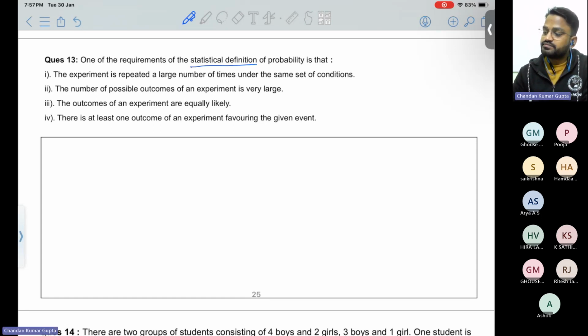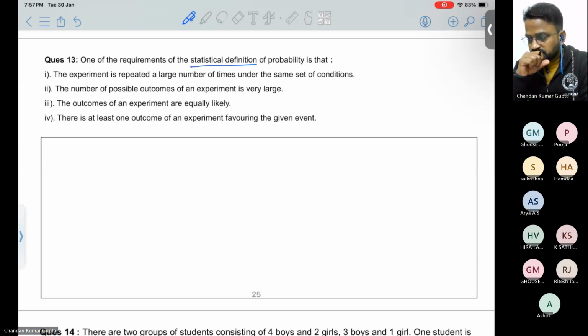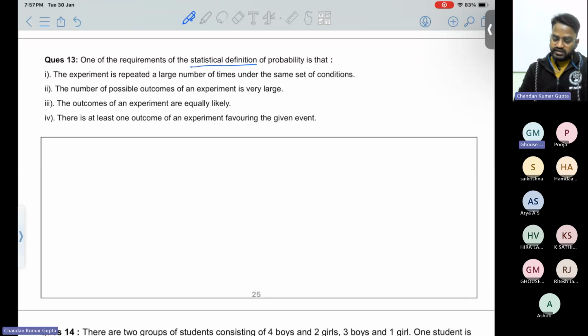Can anyone tell me which one is correct and why? Actually, you may see that there is at least one outcome of an experiment favoring the given event. No, this is not the case. We have studied the statistical definition, and we are not talking about this assumption or this property. Again, the outcomes of an experiment are equally likely. No, this is the case for the classical definition.